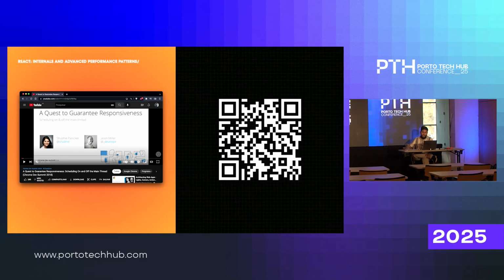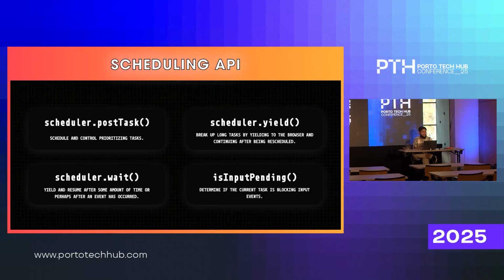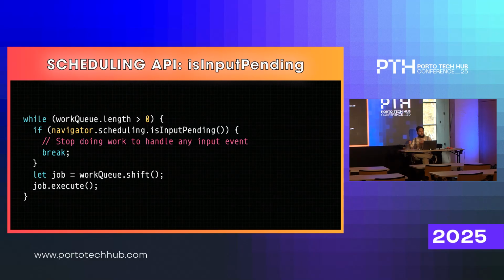He's now at Shopify, but you can check this talk. It's from 2018. It's very interesting, and a few things are still relevant to this date. But the native scheduler umbrella has APIs like postTask, yield, wait, and isInputPending. Some of these are drafts, some of these were taken back, some of these are still work in progress. But this is one example of the kind of power we're talking about here.